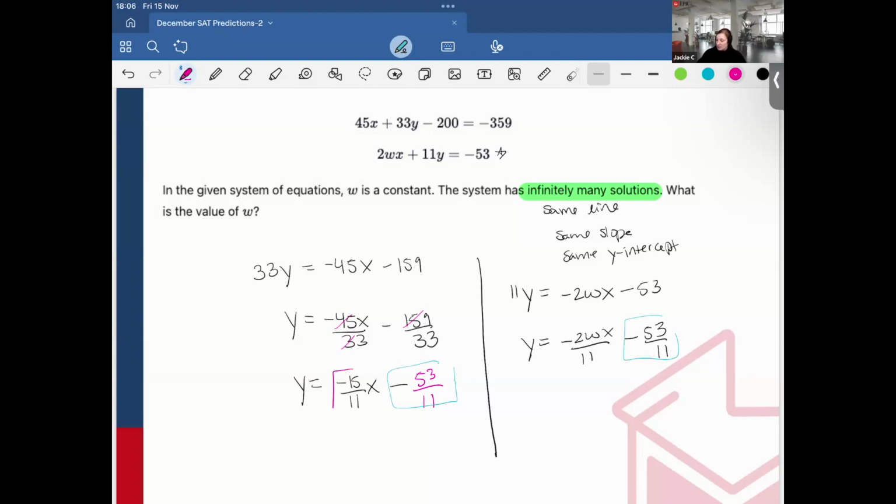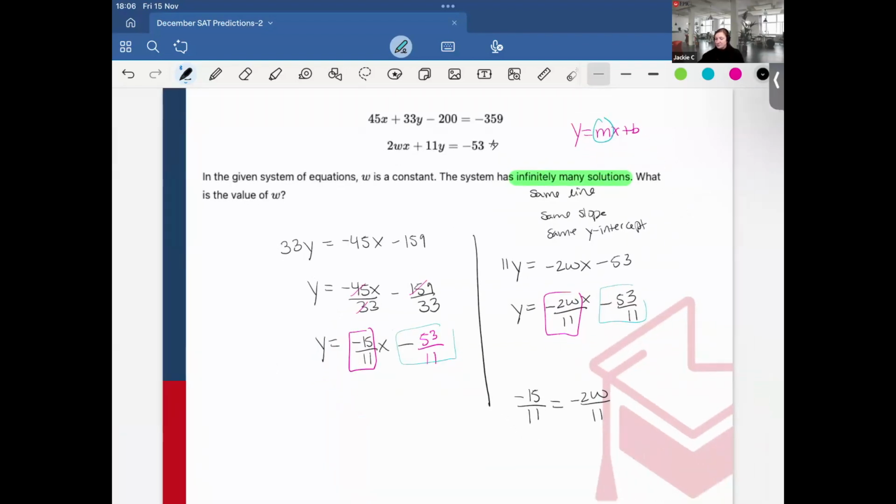So now I'm just going to take the two coefficients in front of x, which is the slope. Remember from y equals mx plus b, right? Their slopes are the same, so I must set them equal to each other. So negative 15/11 equals negative 2w/11, and then we can cross multiply.